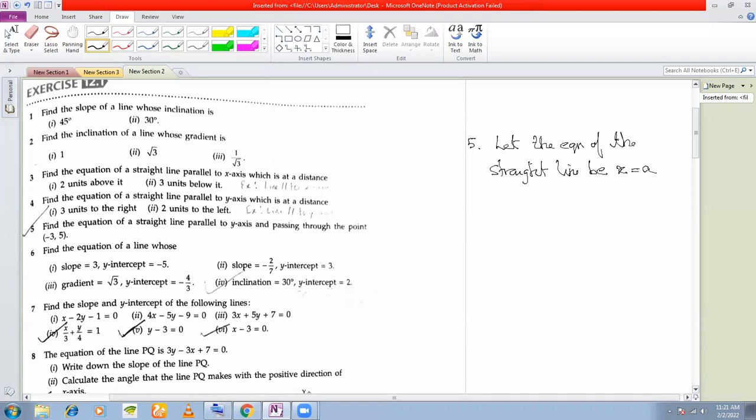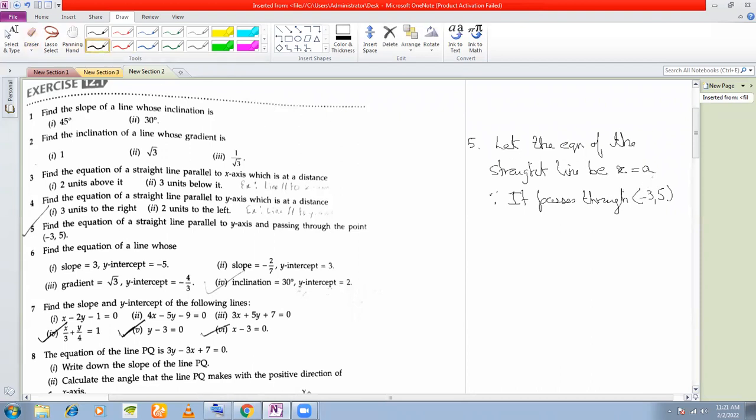Because it is parallel to the y-axis. Now this straight line passes through what point? -3, 5. So since it passes through -3, 5, this point is actually on this line. That means it must satisfy the coordinates of this point.